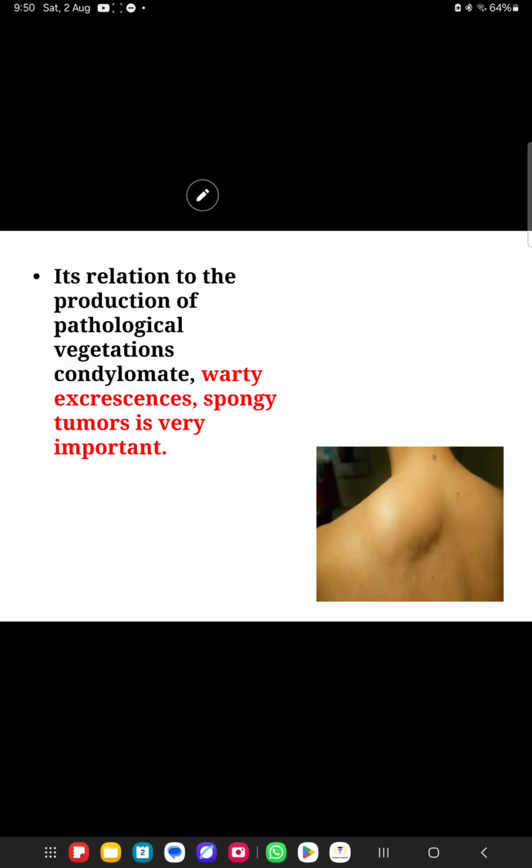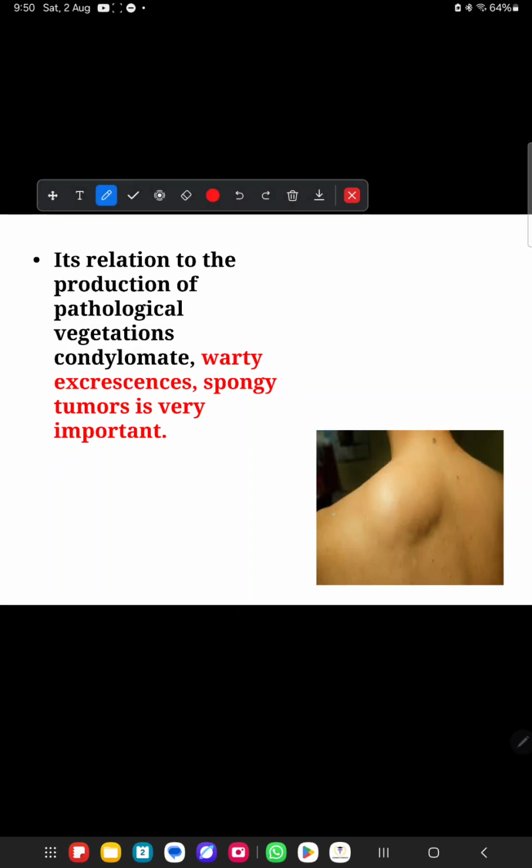Suppose you are finding this type of growth, then we can think about this medicine, and these symptoms we can correlate with another medicine like Lapis alba. If the patient comes to you with so much spongy growth, lipoma, neurofibroma, then we can think about Lapis alba.